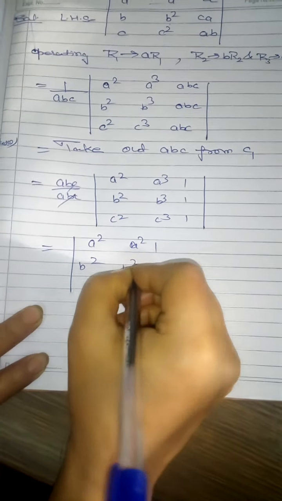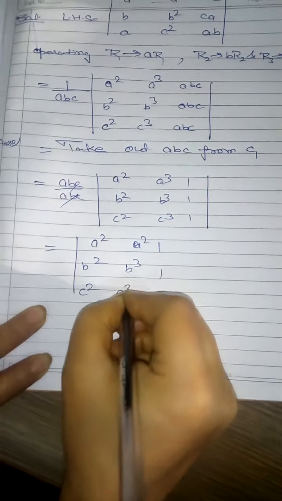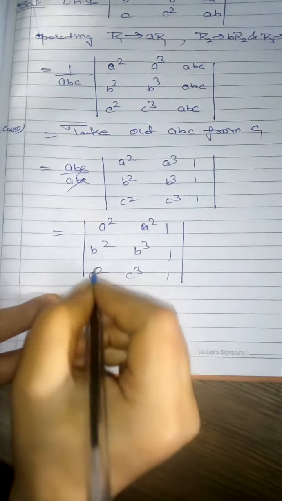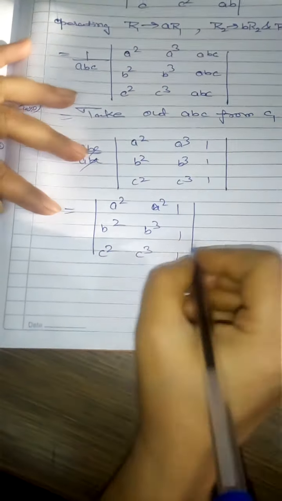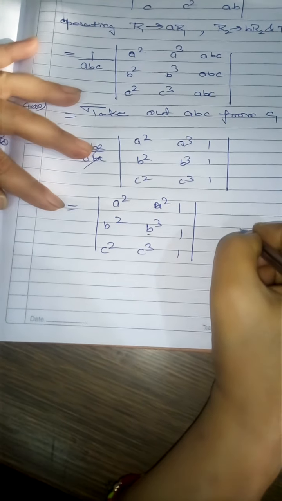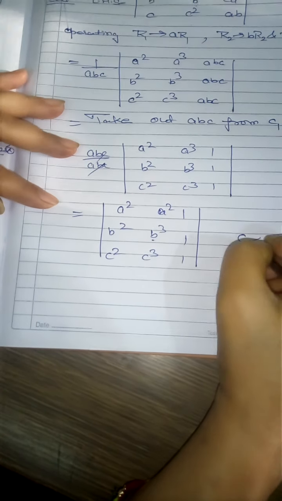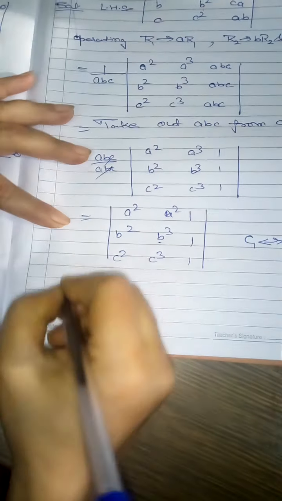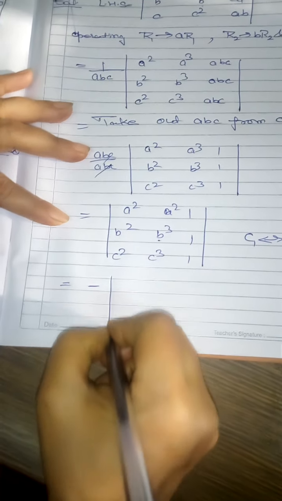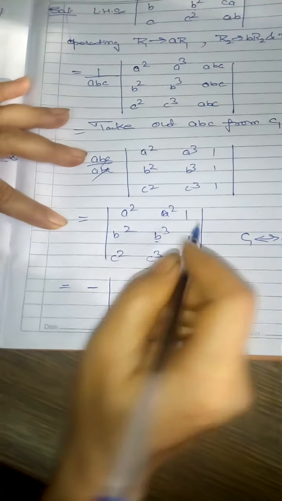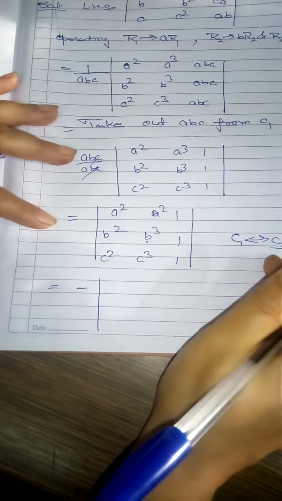Now we will prove the RHS. It is coming from the above step. Now we will interchange columns. First we interchange C1 with C3. After interchanging, a minus sign comes because we are interchanging two columns.